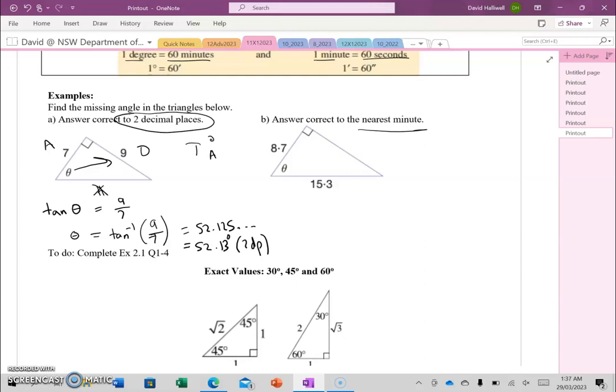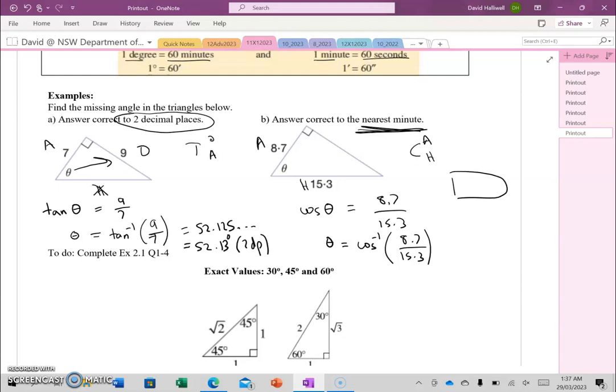Alright, next one. It says nearest minute, so we're going to need to hit that DMS button. We've got adjacent and hypotenuse, so we're using cos. Cos of the angle theta equals 8.7 over 15.3. Okay, so to find the angle we need to shift cos. So shift cos or inverse cos 8.7 over 15.3 into your calculator.